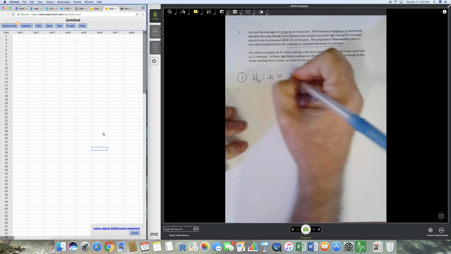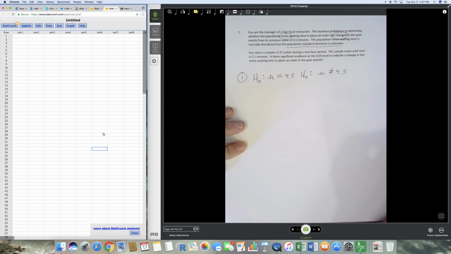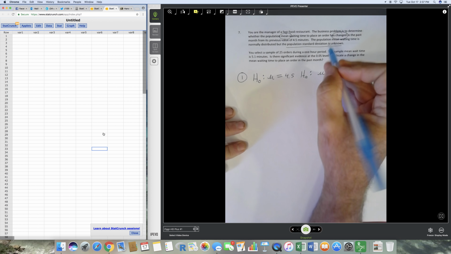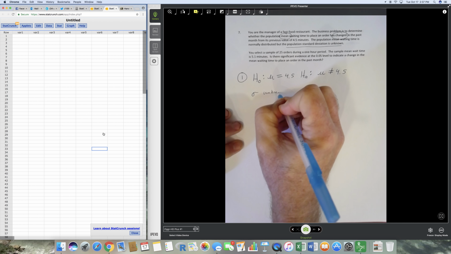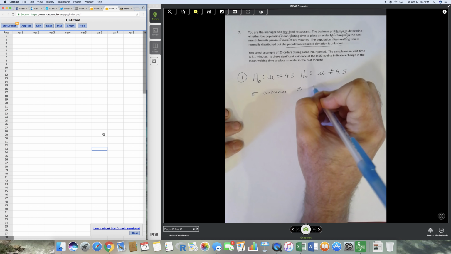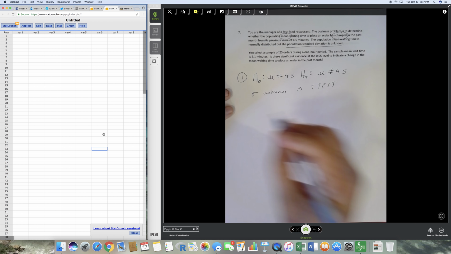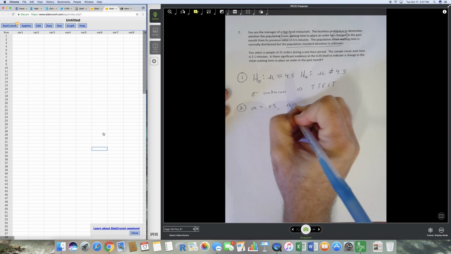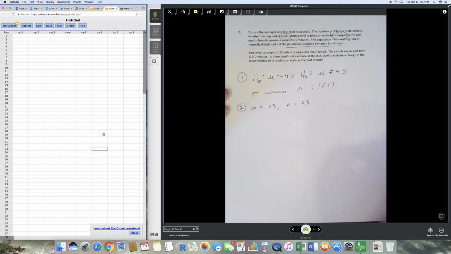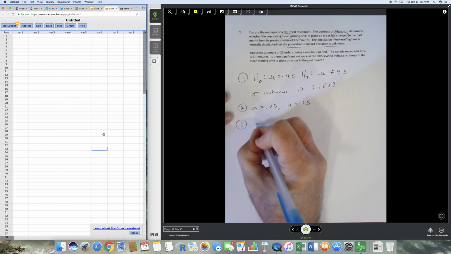Status quo tells me 4.5. Population standard deviation unknown tells me a t-test. All right, so alpha 0.05 and n is 25.